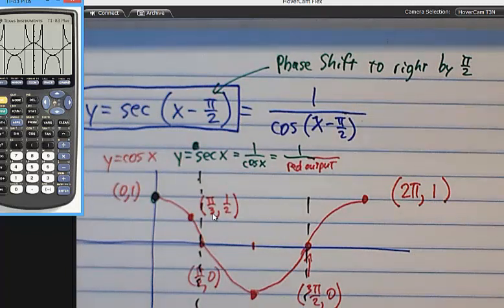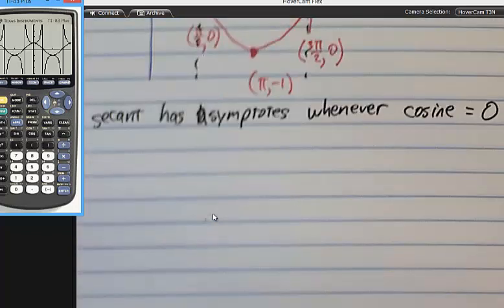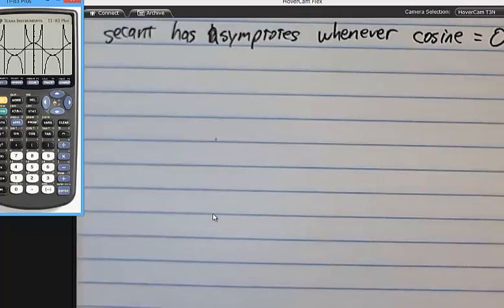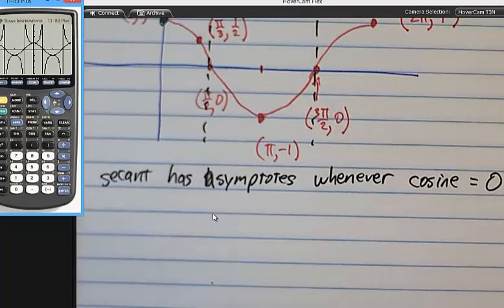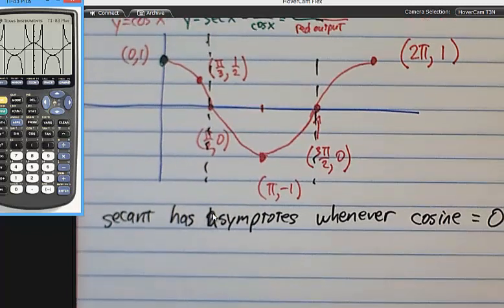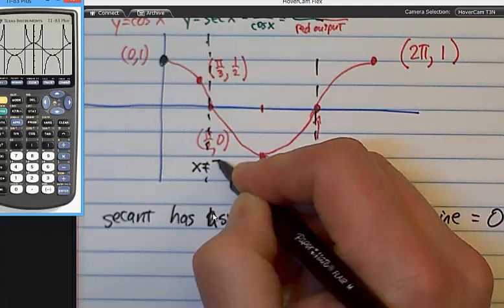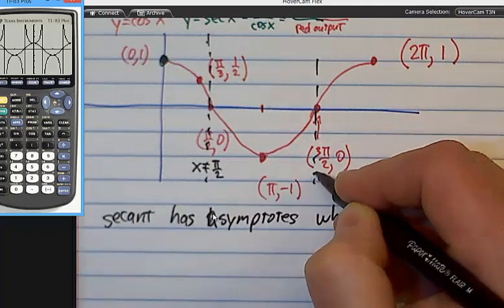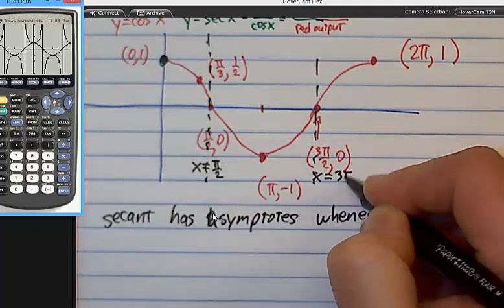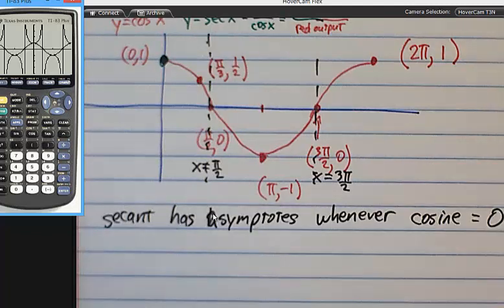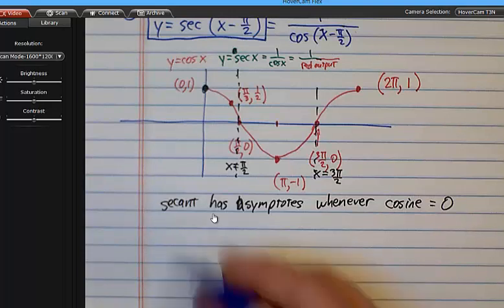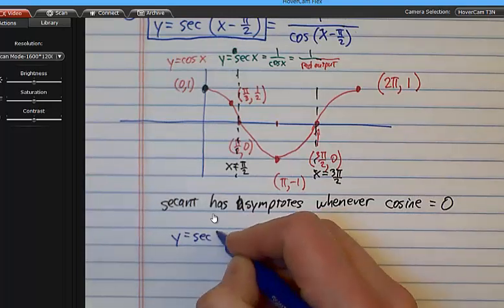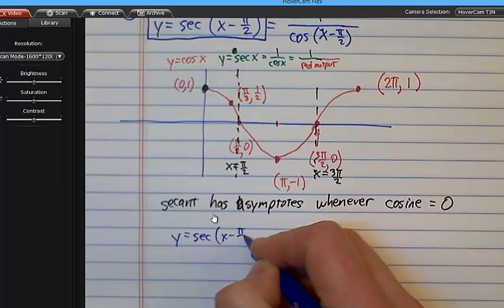What I like to do is start off with the asymptotes. What were the old asymptotes? Well, from the picture, if I just graph the secant function, I'm going to have asymptotes at things like x equals pi over 2 or x equals 3 pi over 2. But for this problem, when I want to graph y equals the secant of x minus pi over 2, where are the asymptotes going to be?